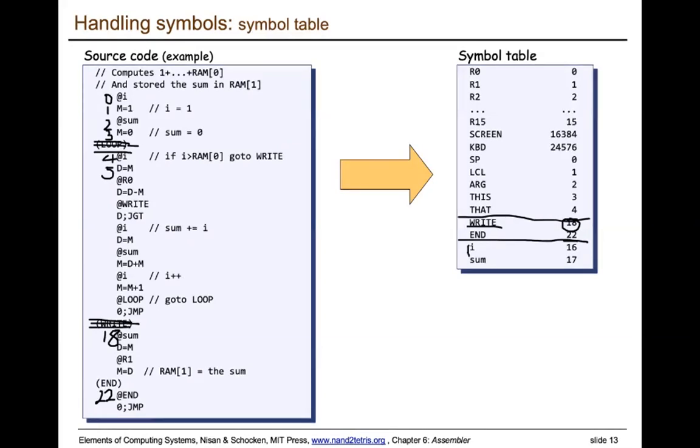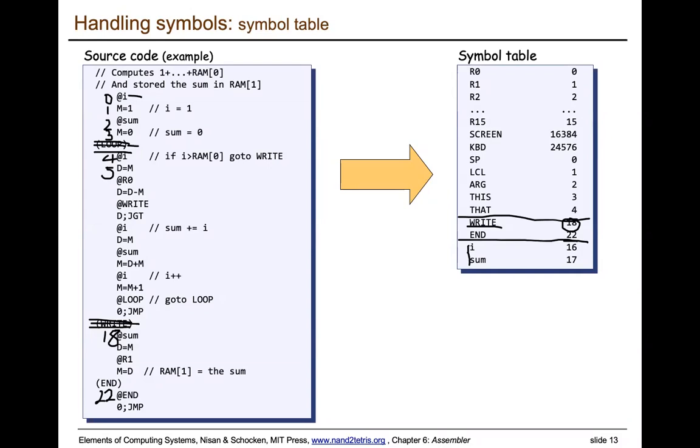The last portion, i and sum, are the variables we use. Since 0 to 15 is already occupied, the first available memory address is 16.